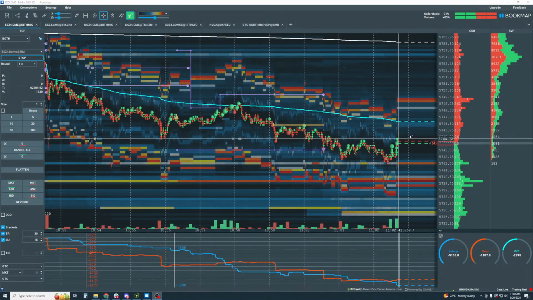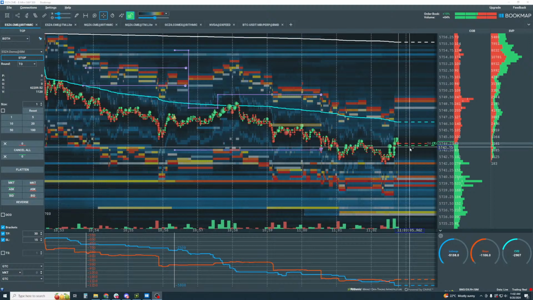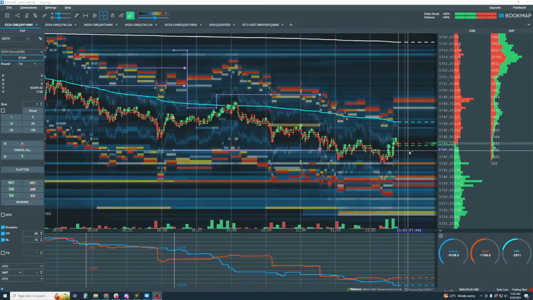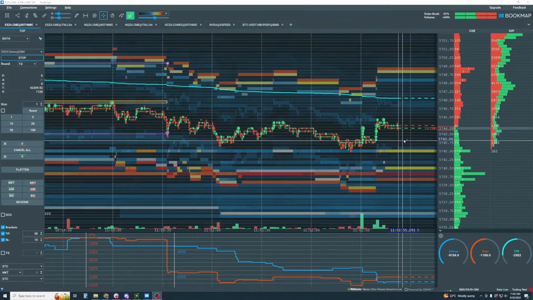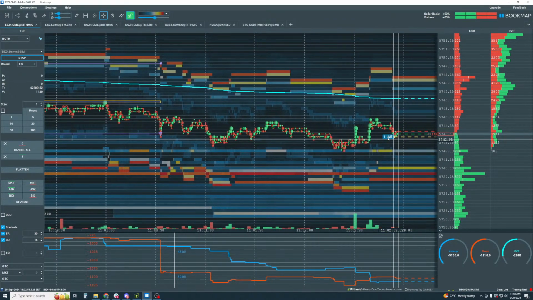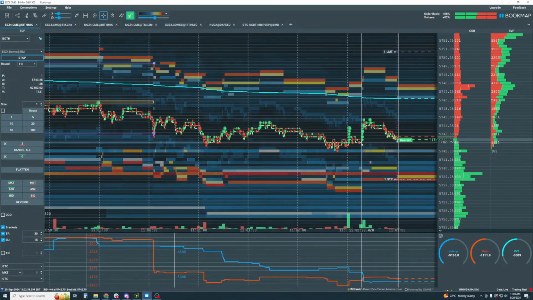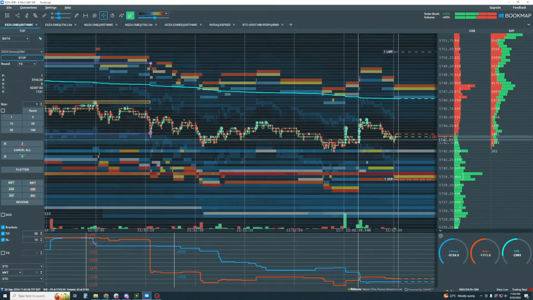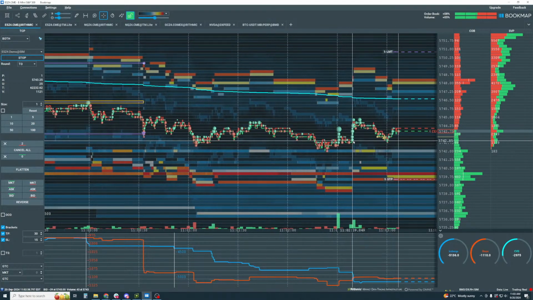All right, so here we are coming back up to 44. All right, so this would be our pullback in here then, right here, around 43. Now we're looking not to get squeezed here. We're looking for this to hold.